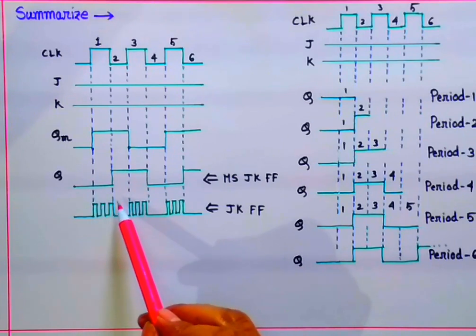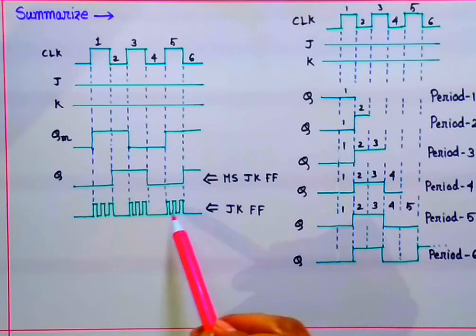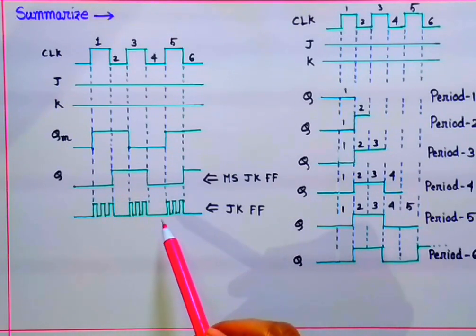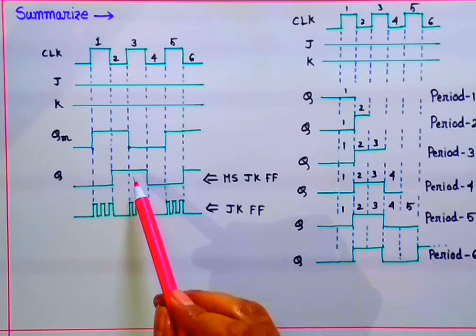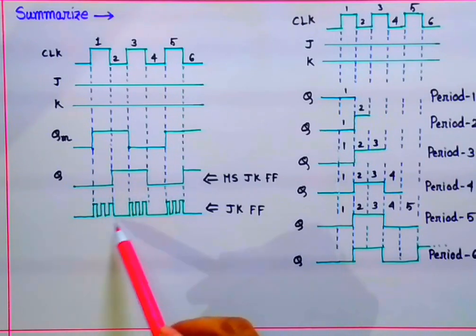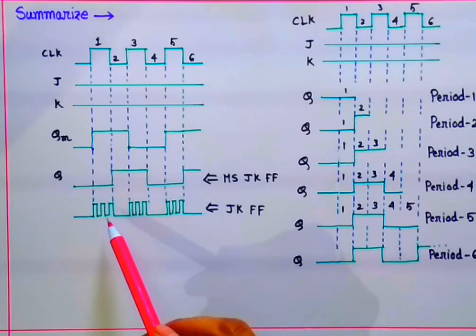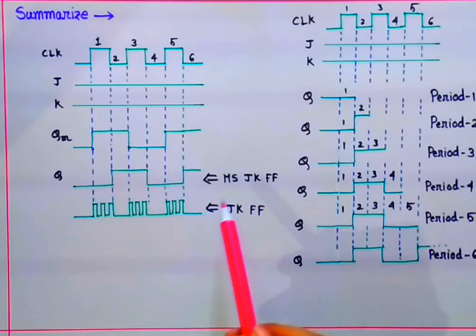So these are the race around conditions of the JK flip-flop. Now you can see that there is no race around in the output of the master slave JK flip-flop. That means you can tell that these race around conditions are successfully removed by using the master slave JK flip-flop.